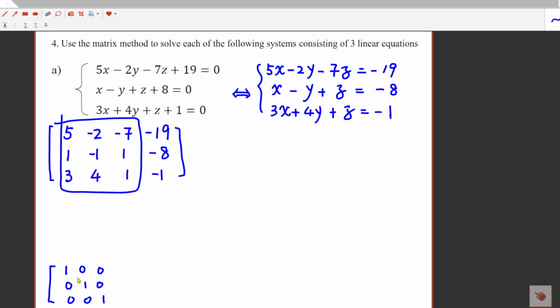But the ones only occur on the diagonal, with some numbers here, here, and here. Then you can write the solution directly from that. Remember, the only operations you can do to the matrix are elementary row transformations.